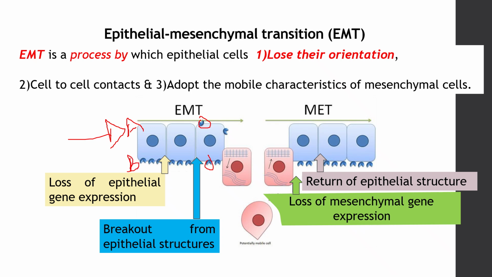And what is happening is that as they have changes in gene expression, all these characteristics disappear, and this allows them to break out from the epithelium and become mesenchymal cells that are mobile. So they lose their orientation, they lose the cell contacts, and they adopt mobile characteristics that happen in mesenchymal cells.